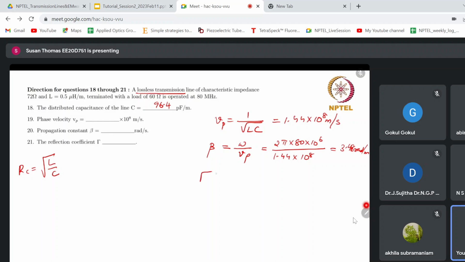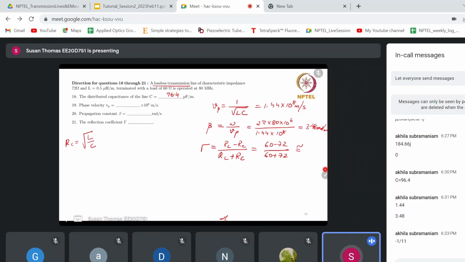Now reflection coefficient. We know the load resistance. Find out the reflection coefficient. RL minus RC by RL plus RC. So 60 minus 72 by 60 plus 72.